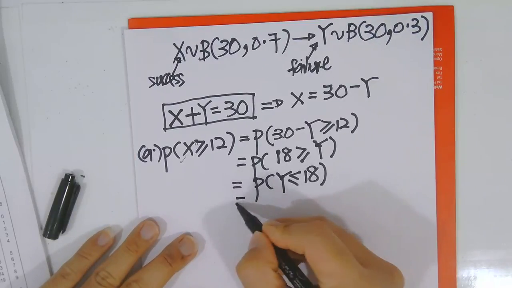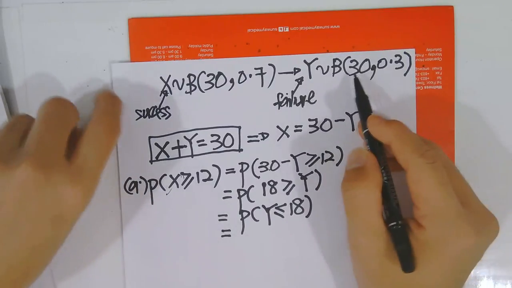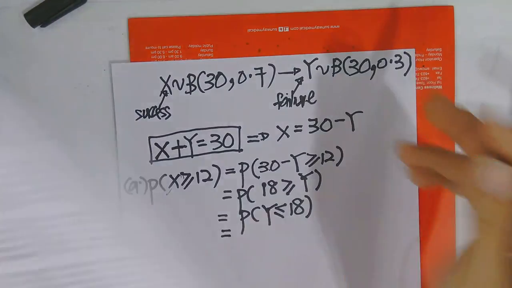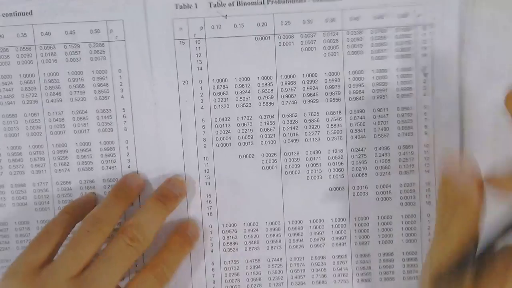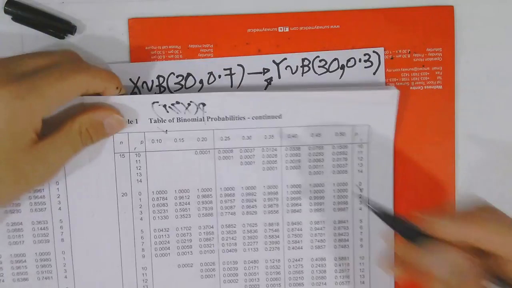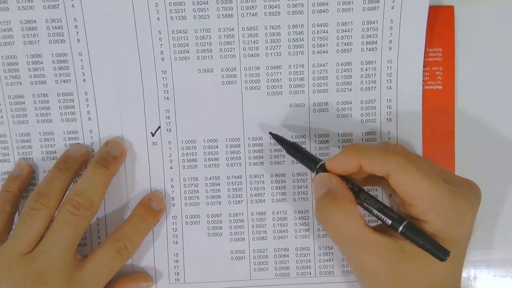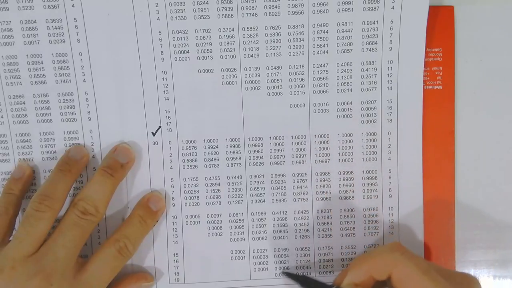So later on, if you want to use the statistical table for this distribution, it is 30 and 0.3, right? So you find the value of 30, 0.3. So where is 30, 0.3? It's around here, right?